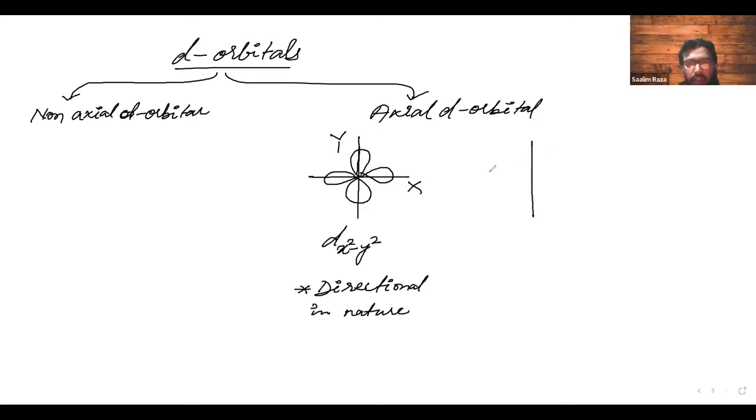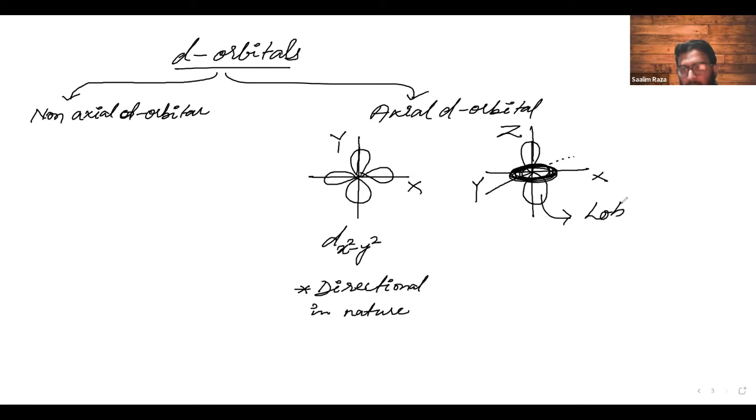Now, the last one is this, and this is a ring. This is the z-axis, this is the x-axis, and this here is our y-axis. So what is there?